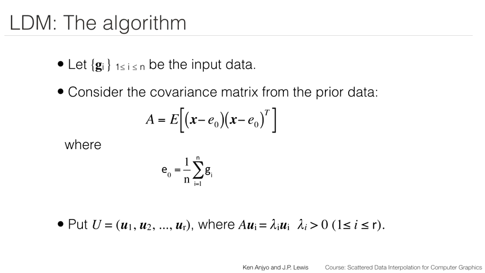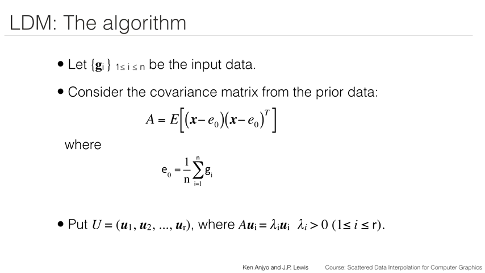So let me explain that algorithm. First, G sub I means the input data, where sub I means the frame. Then G is a vector. G sub I means the face vector at time I. Then we consider the covariance matrix of them. And here we denote E0 as the mean value of these face data over time, in the case of motion capture data.